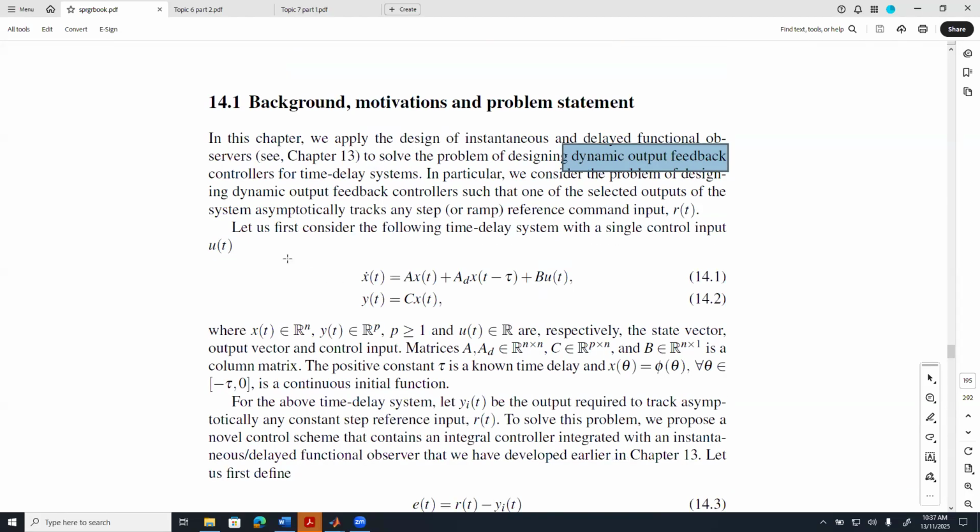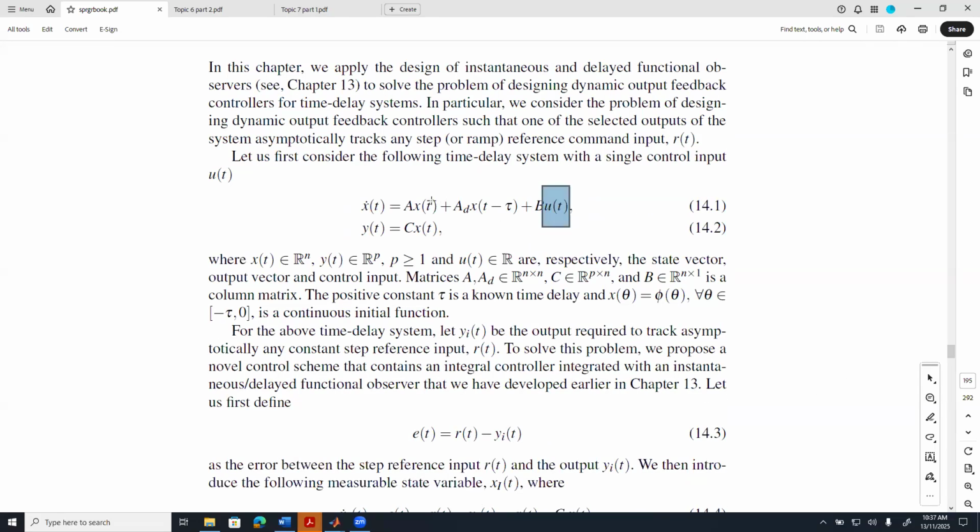What we have here is a standard time delay system with a constant time delay, and we have multiple output measurements, a measurement vector here, and a control input vector. At the moment it is basically one control input, and as usual, all these matrices are of appropriate dimensions.